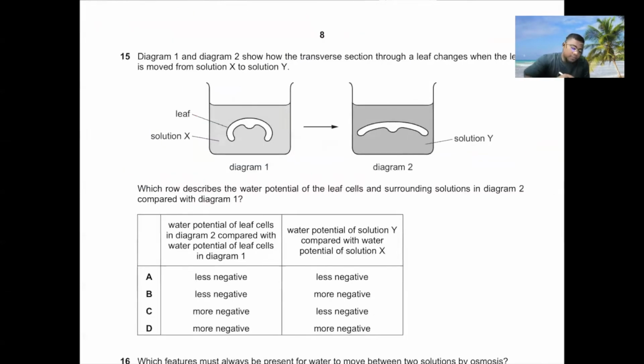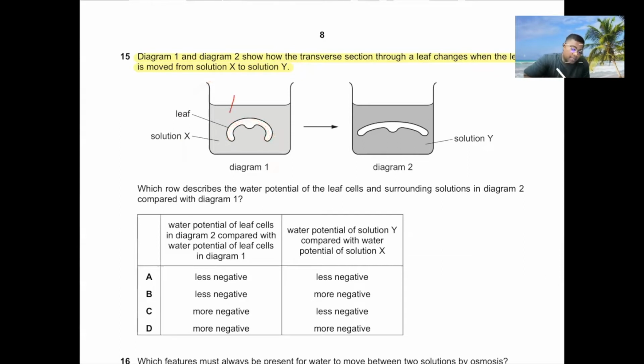Diagram 1 and diagram 2 show how the transverse section through a leaf changes when the leaf is moved from solution X to solution Y. Guys, this kind of question can be very tricky. We can see in this diagram the leaf is curling up. The leaf curling up is a telltale indication that the solution is very concentrated.